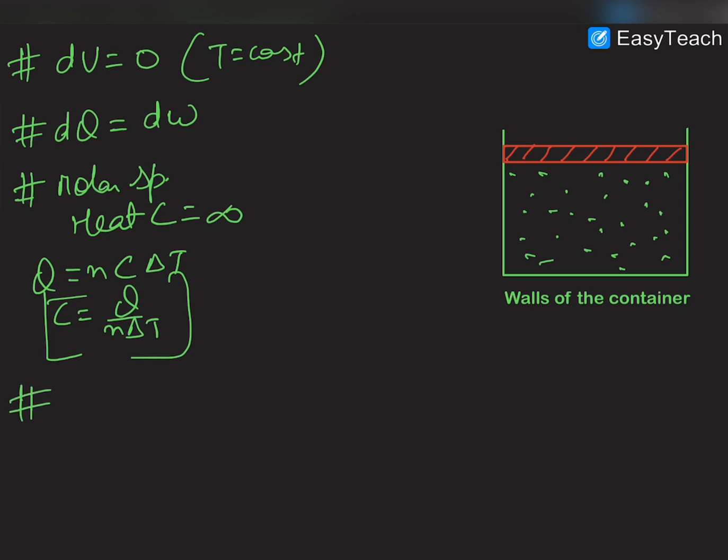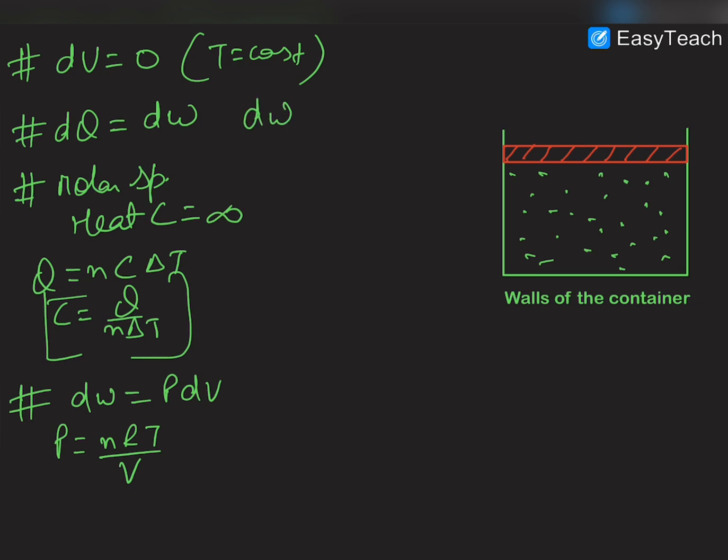Now if we talk about the work done in this process, it can be calculated by integration. Small work done dW will be P dV, but obviously P is variable in this case, and P is nRT by V, where T is constant.